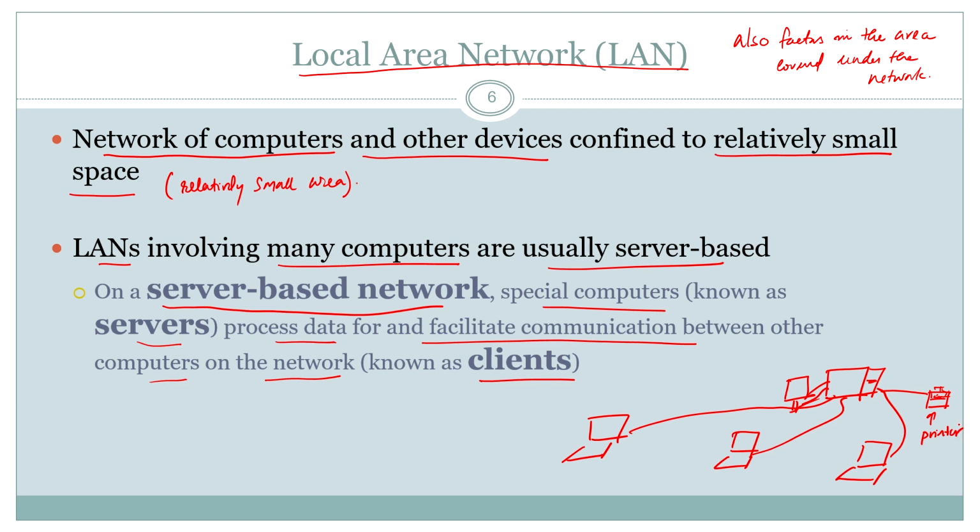So, this server basically integrates various computers and other devices like printer, scanner, fax, etc. These special computers, known as the servers, process the data and facilitate communication between other computers of the network known as clients. So, the clients communicate to the server and the server facilitates the communication between the clients, shares the data, and processes the resources.